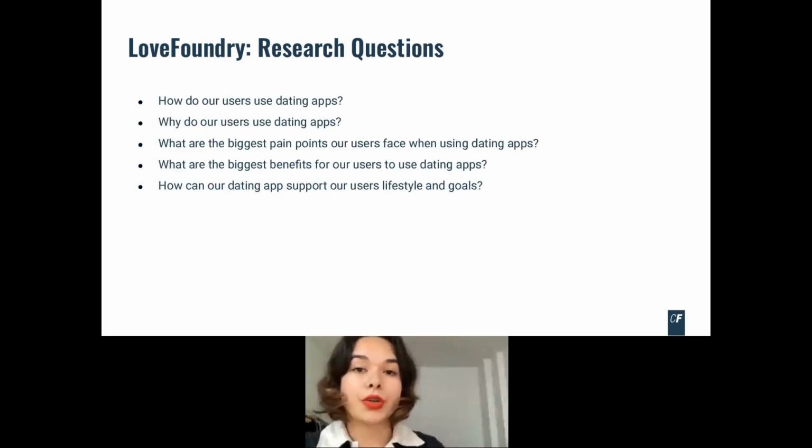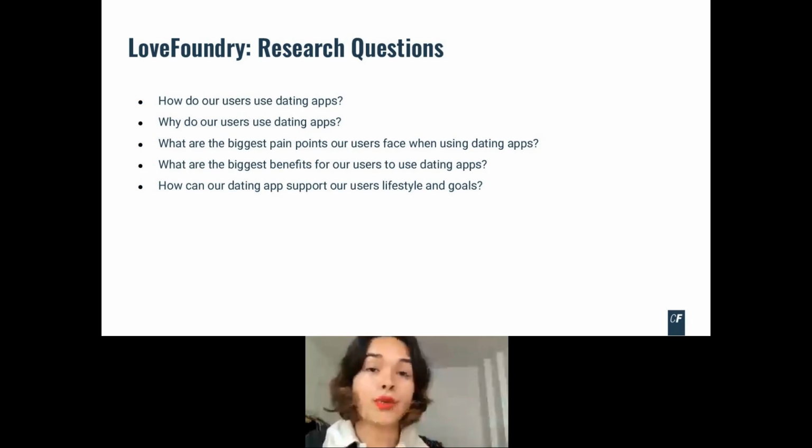The research questions, so the things that we want to learn, is how do our users use dating apps? Why do they use dating apps? What are the biggest pain points that our users face when they use dating apps? What are the biggest benefits? And how can our CareerFoundry dating app support our users' lifestyle and goals?